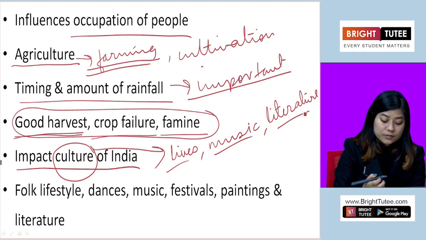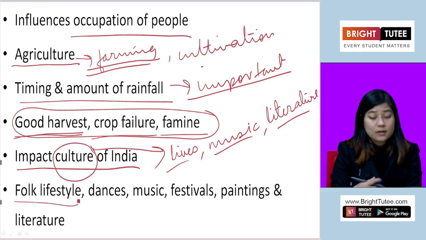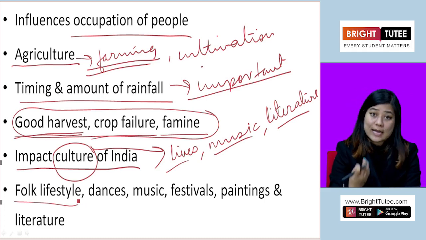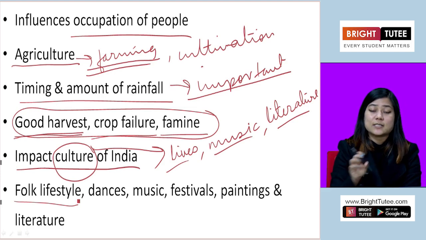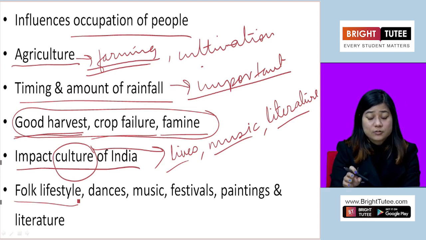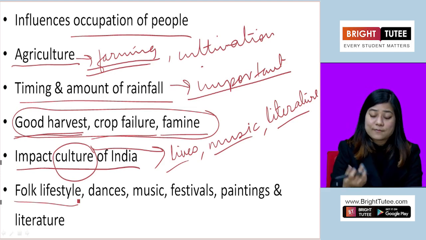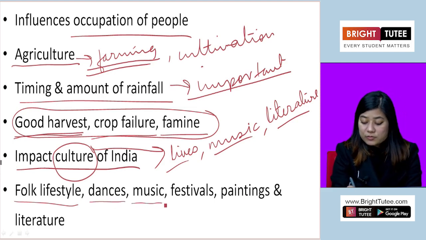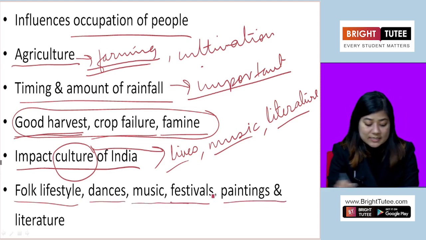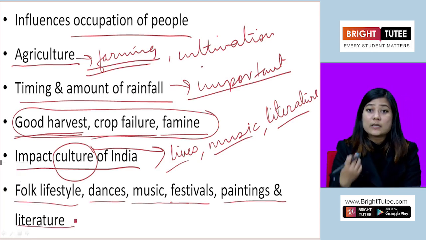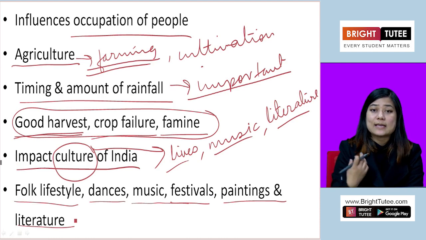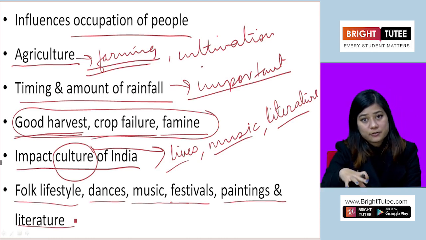As a result, what happens? A very distinct folk lifestyle of the people develops in certain areas, in certain villages, in certain towns. Dances, music, festivals, paintings and literature are all influenced heavily by the climate of that particular region.